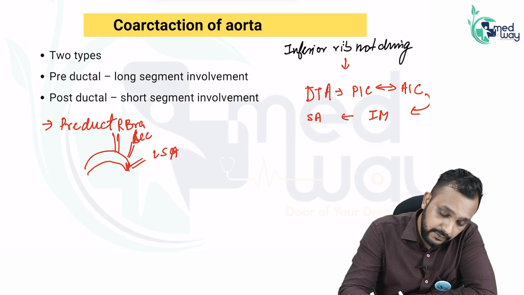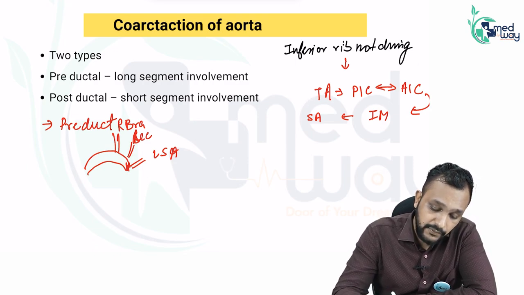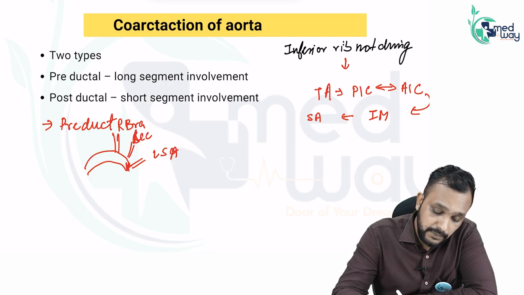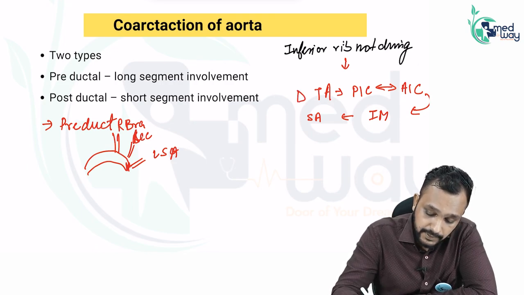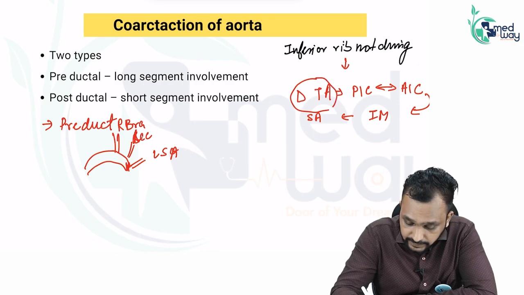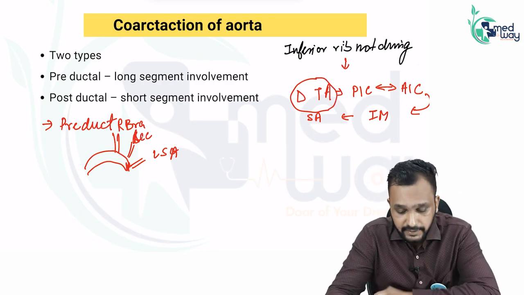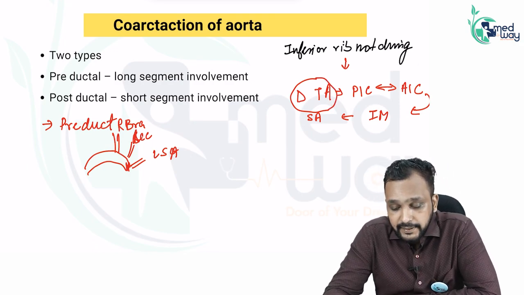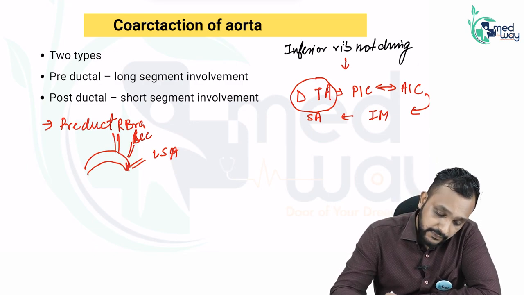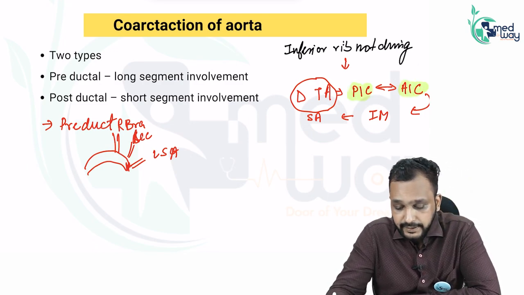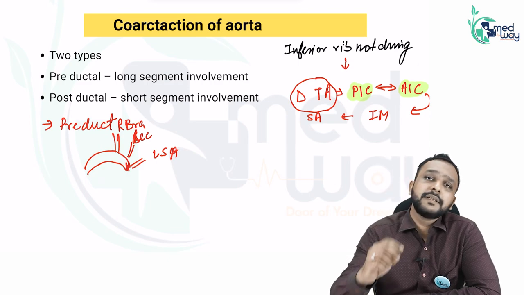Now, what happens? What is our body trying to do? In order to compensate for the decreased blood supply to the descending thoracic aorta because of the narrowed segment, collateral channels are forming between the posterior intercostal artery and anterior intercostal artery.